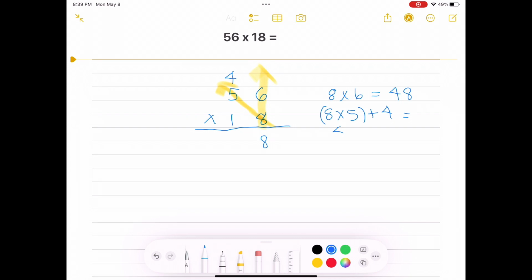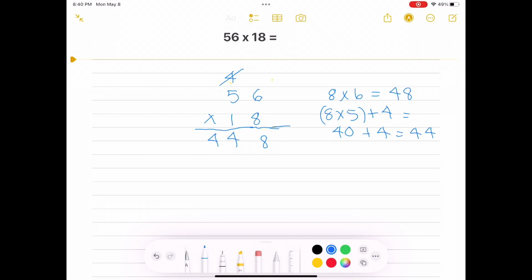And you do the 8 times 5 first, which is 40, plus 4, which equals 44. Write down 44. Okay, now we're going to clean up a little bit before we continue. So we cross out the 4 that was carried over from before.